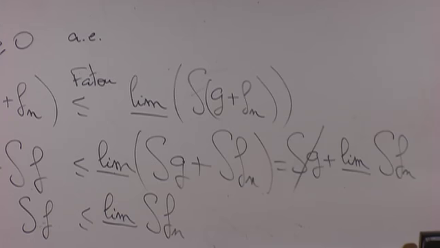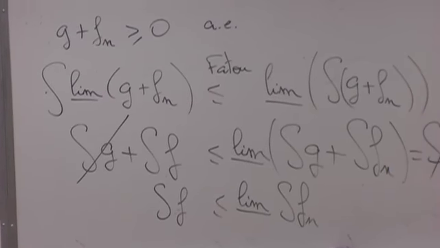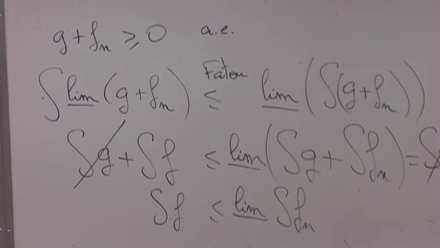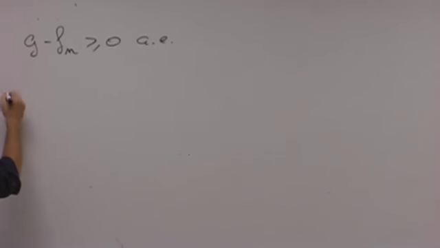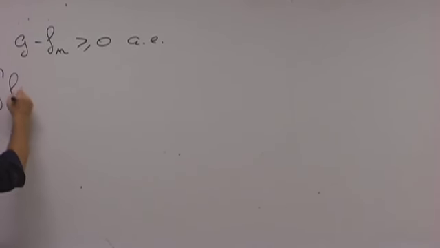We first start by saying that g minus Fn is a positive sequence, and we apply FAT2.